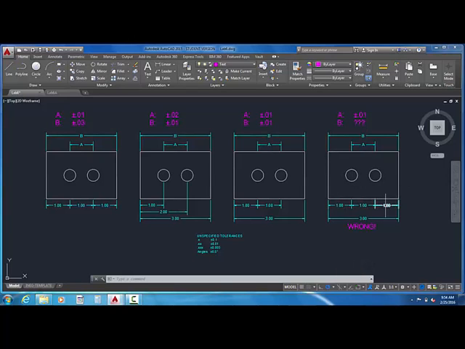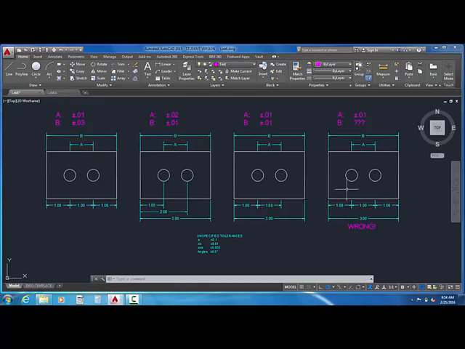If we look at these dimensions here, it tells us that the tolerance on the outside of the plate is plus or minus 0.03. If we look at this dimension instead, it tells us that the tolerance is plus or minus 0.01. And the two are mutually exclusive. It can't be both. So this is absolutely incorrect.